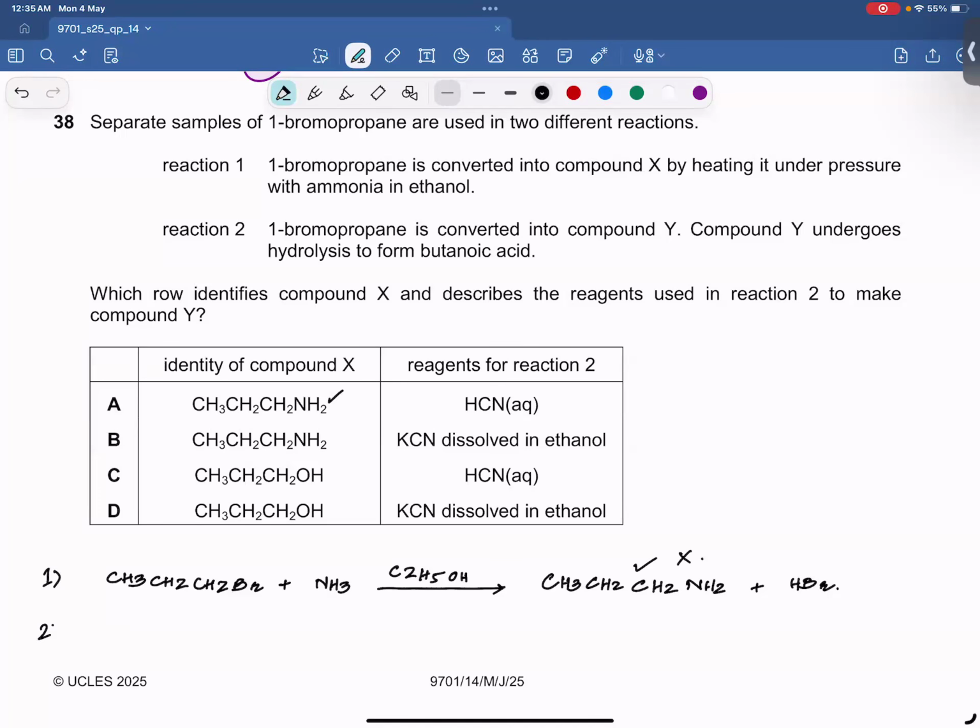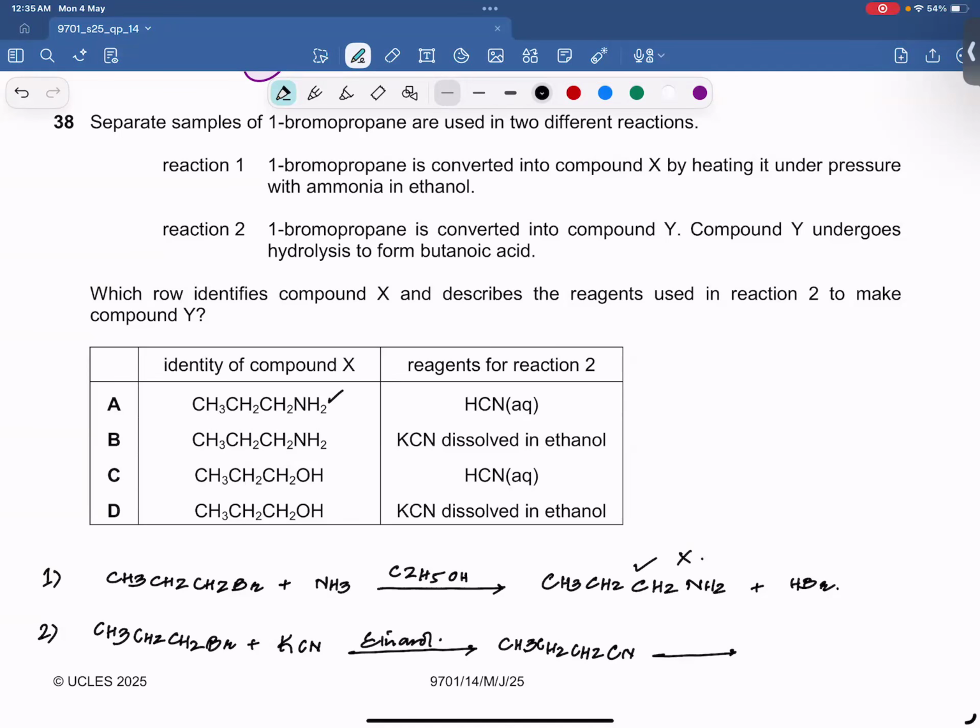Look at reaction 2. 1-bromopropane is treated with potassium cyanide and ethanol. So it is converting into CH3CH2CH2CN.